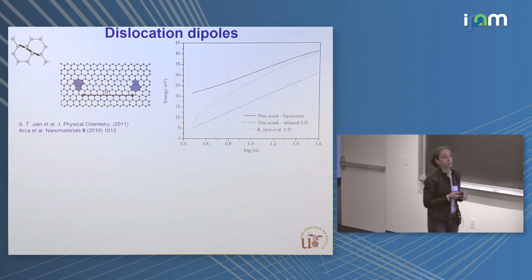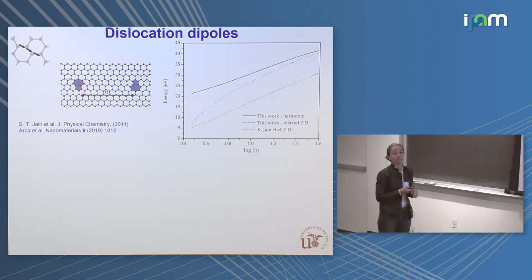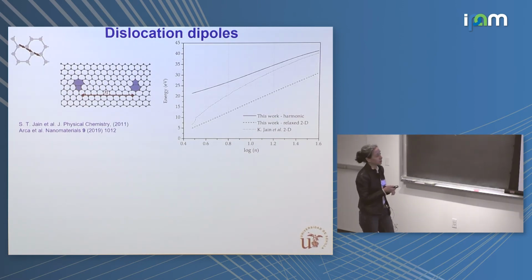So if we start with dislocation dipoles, what do we observe?